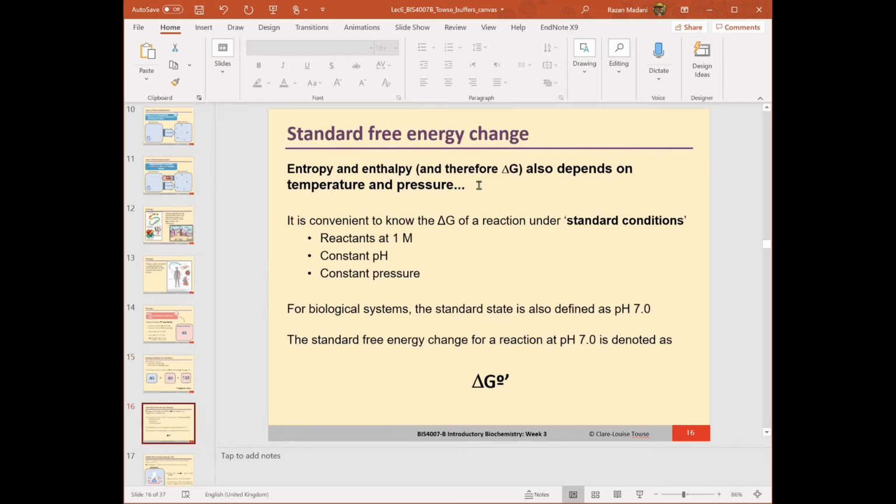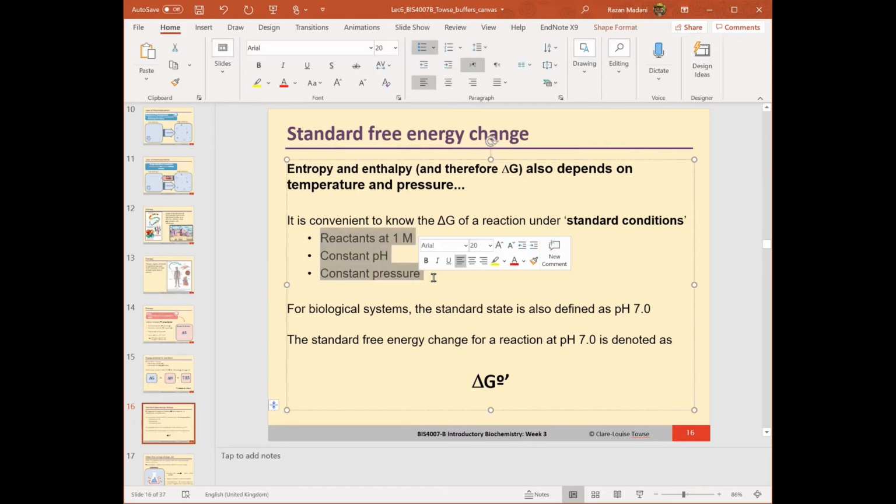Entropy and enthalpy are therefore involved, and delta G also depends on temperature and pressure, like we said. It's convenient to know delta G for a reaction under standard conditions. These are the standard conditions that you should know. I think each system will have a different standard condition.